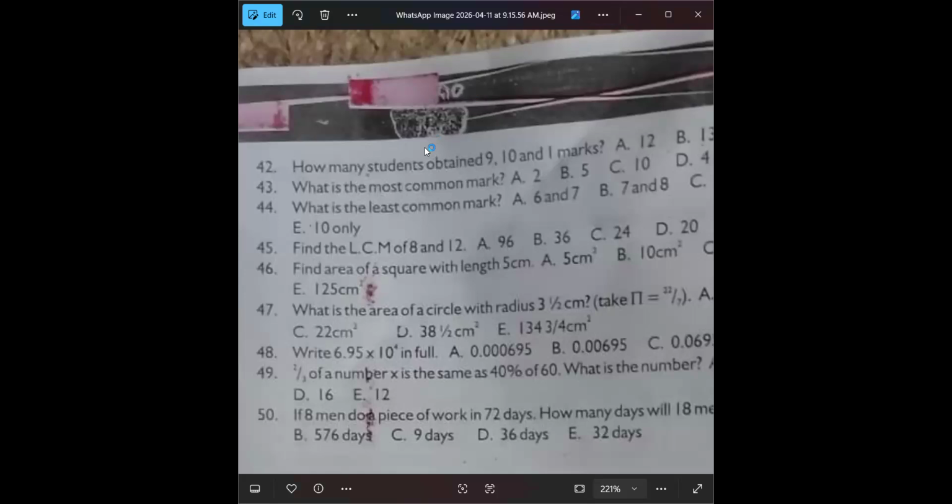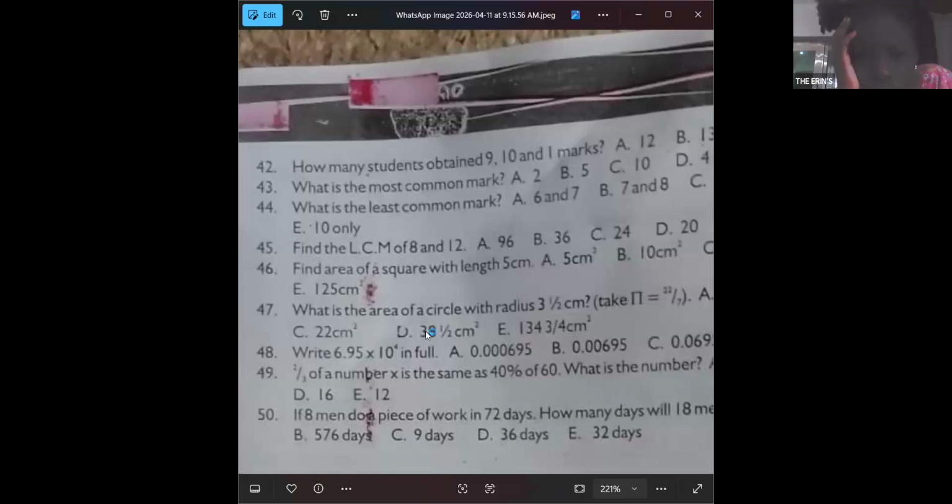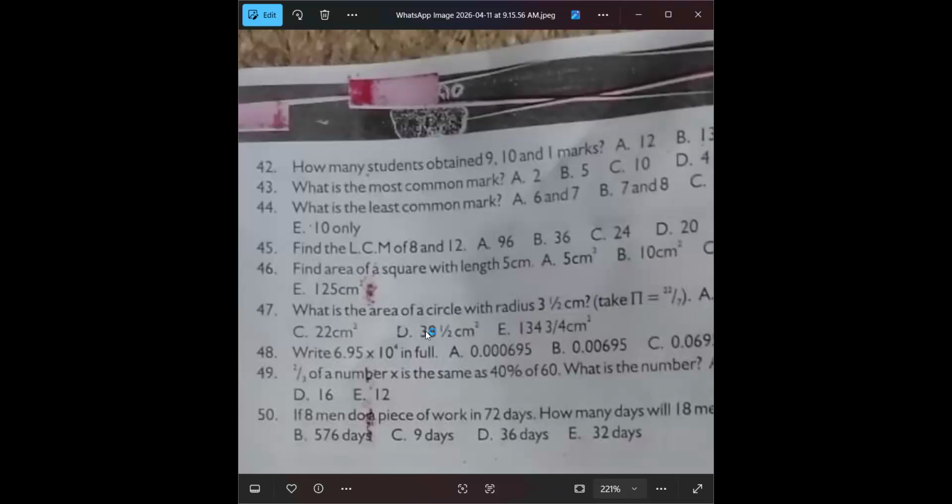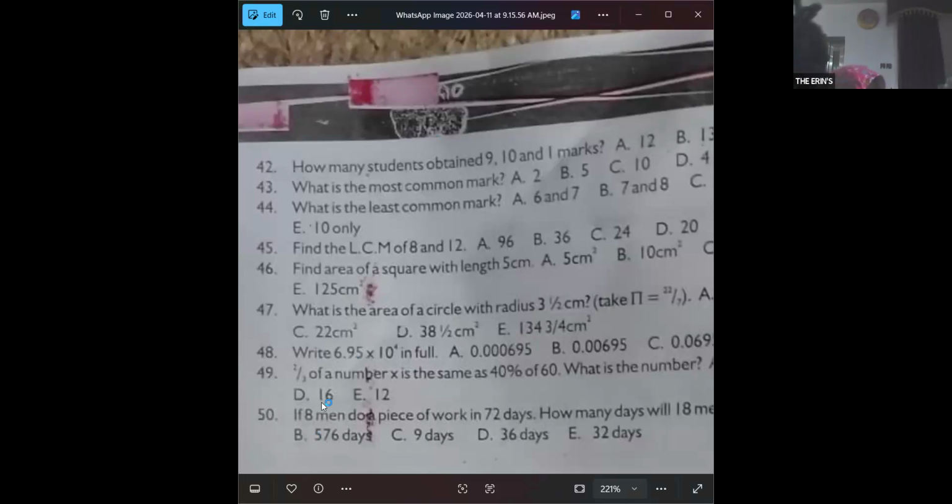All right, let's continue. Number 45. Who can find the LCM of 8 and 12 for us? 8 and 12, yes? Okay.